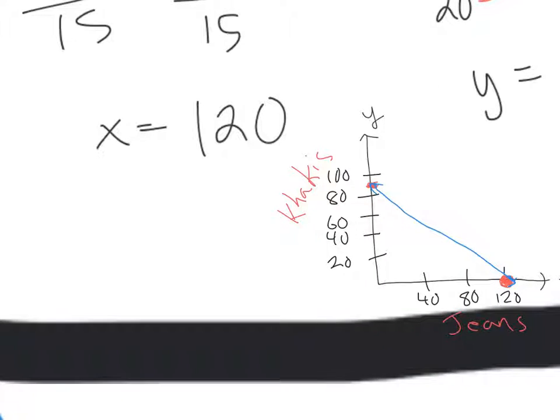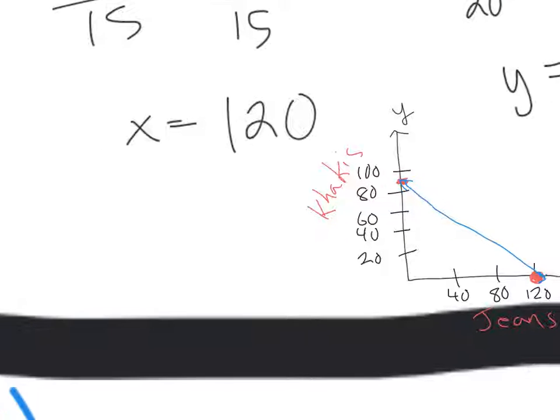Well, basically this just means that if I buy 0 jeans, right, I'm at 0 for my x-axis, how many khakis can I buy? I can buy exactly 90 khakis with $1,800. And if I buy 0 khakis on my y-axis, if it's 0, I can buy 120 jeans. So that's what the interpretation of those intercepts mean.